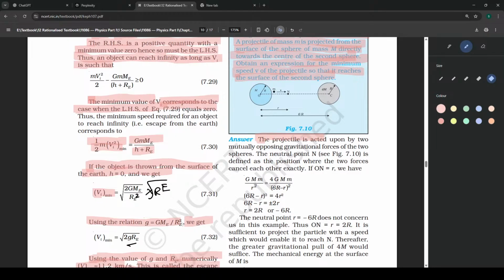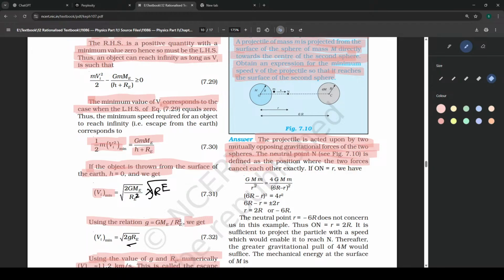Thus, the projectile is acted upon by two mutually opposing gravitational forces of the two spheres. The neutral point N is defined as the position where the two forces cancel each other out.